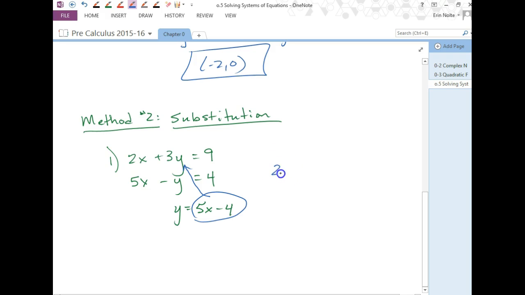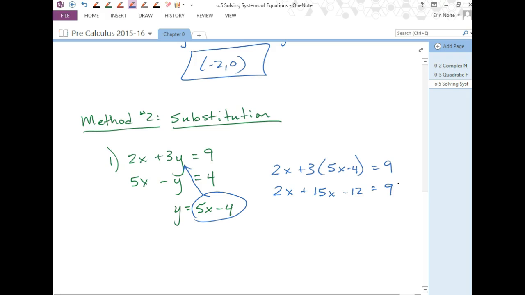Okay, so my work says 2x plus 3 times (5x minus 4) equals 9. At this point I have a linear equation. What are my steps? Distribute, good. So I have 2x plus 15x minus 12.